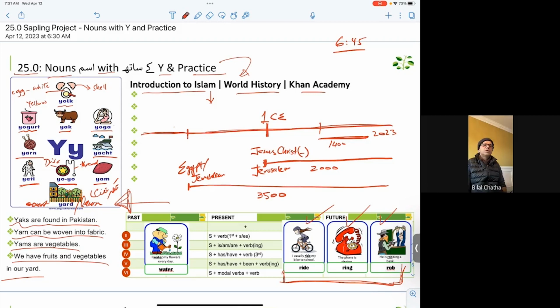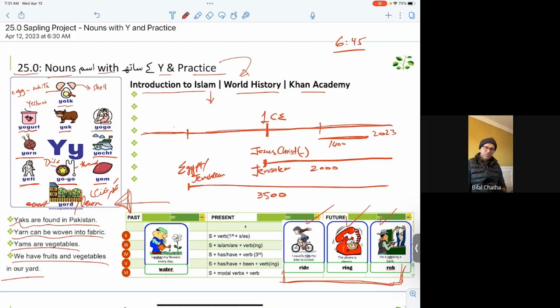What did they do in Mecca? Sir, they built the Kaaba. Yes. What was the relationship between Hazrat Ibrahim and Hazrat Ismail?